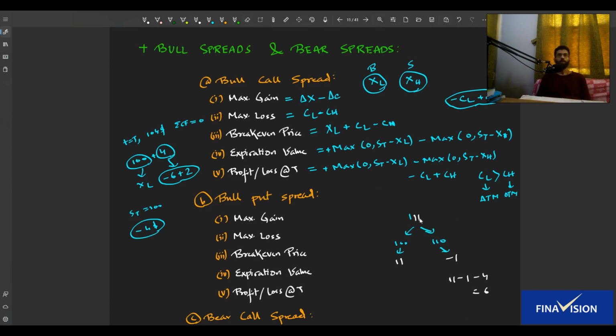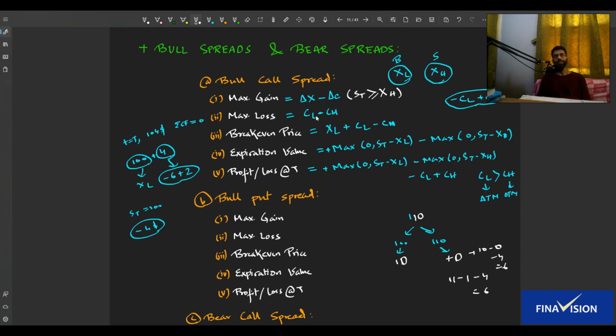And not only above the strike price, even at 110, it will give the same result. At 110, this becomes 10 and this becomes plus 0. Therefore, the value becomes 10 minus 0 minus 4. This is equal to 6. So let me write it down here. This happens when the spot price at expiry goes above or equal to the higher strike price, right?